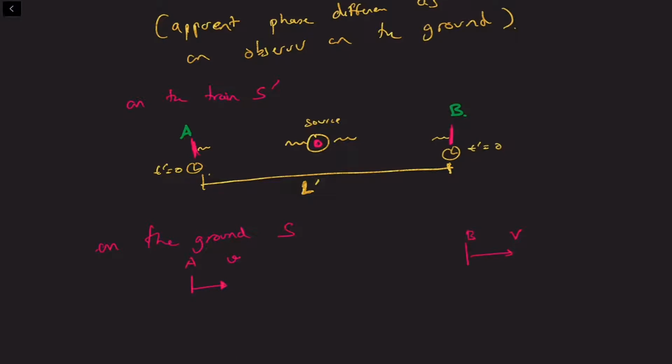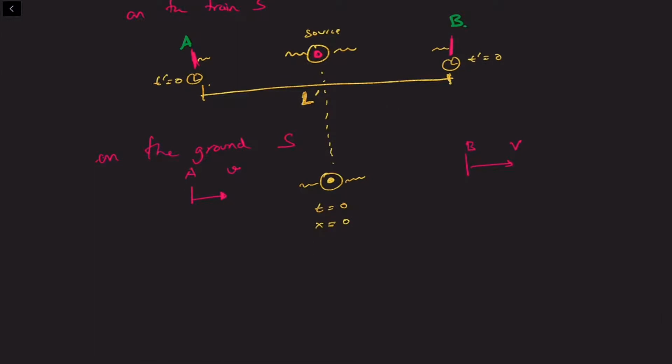And let's suppose that we take the instant at which the source emits these light beams, and let's assume, without loss of generality, that this defines t equals 0 and x equals 0 for the ground observers.